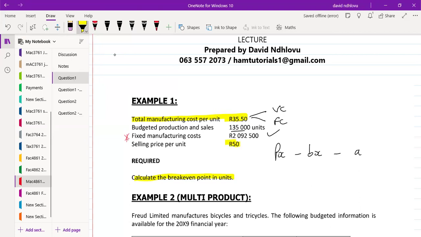It could be a change in price, a change in quantity, or a change in any of those variables that we have.